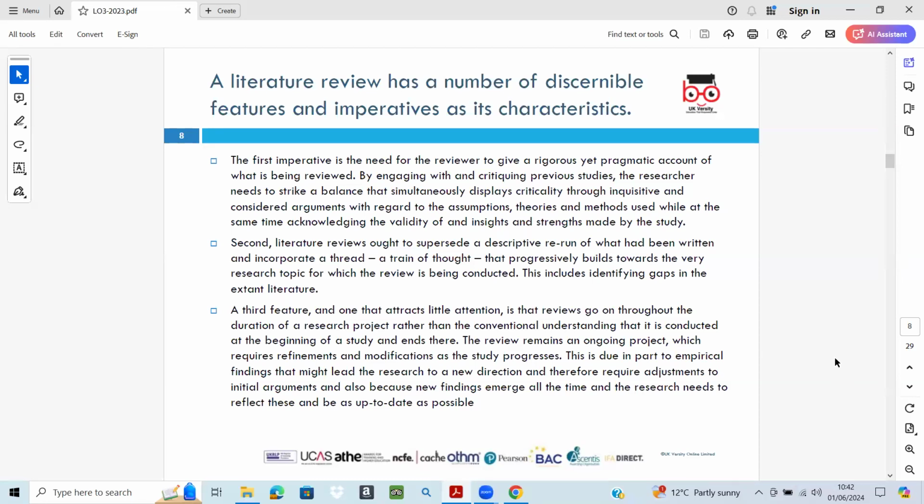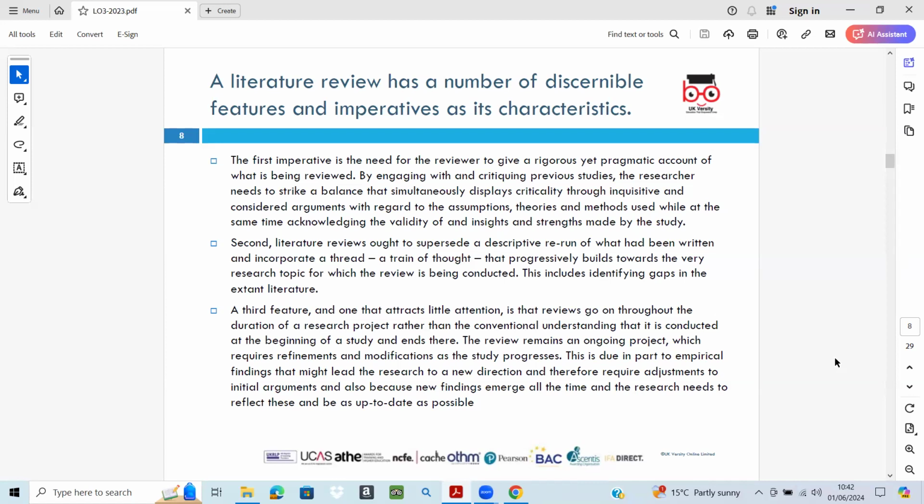Right. In this slide, we have to review features and imperatives as its characteristics. If we need to discuss the characteristics of an effective literature review, we have rigorous and pragmatic engagement with previous studies.